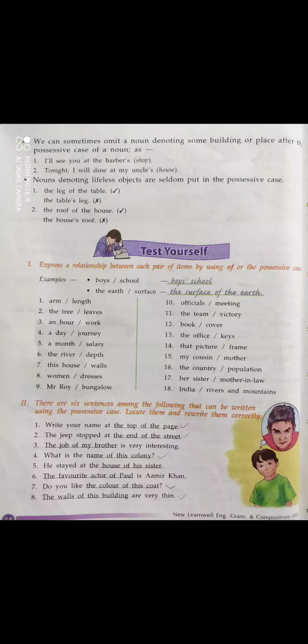Now Mr. Roy, it is also a living person. So with a living person or living creature, we can use the possessive case. So Mr. Roy's bungalow. Now official meeting. Official is a personal affair, so we cannot use this type with the possessive case; it's better to say meeting of the officials.